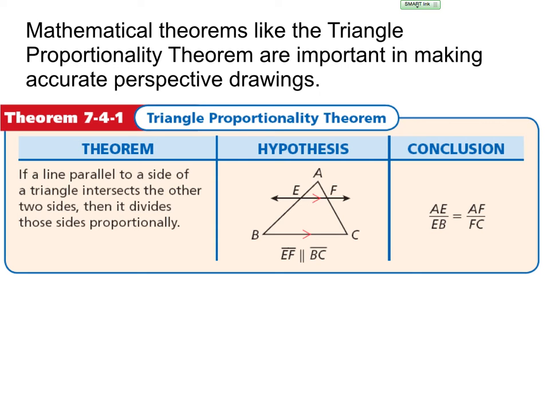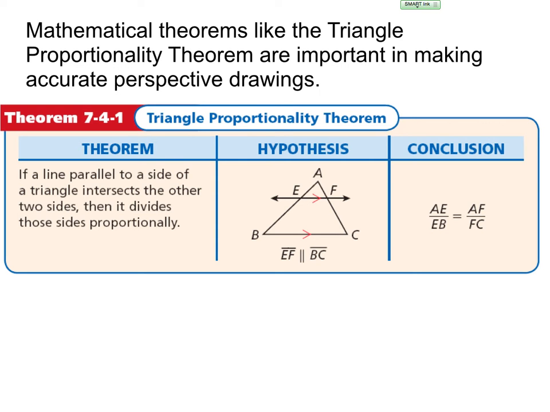Now, we looked at a mid-segment, and this is not necessarily a mid-segment because E is not really a midpoint of that side, and F is not really a midpoint of the other, but the mid-segment is a special case of this theorem. If a line parallel to a side of a triangle intersects the other two sides, then it divides those sides proportionally. And as we're doing in our chapter, proportionally means the ratios are equal.